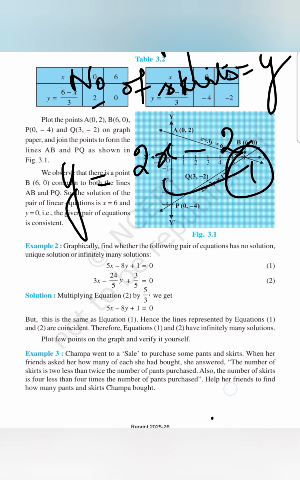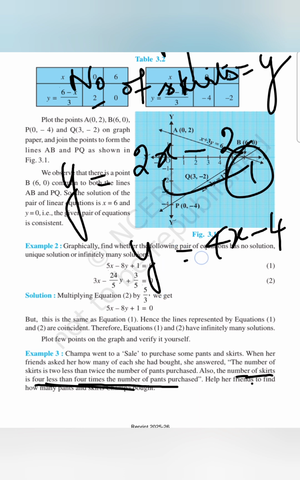For the second equation, the condition given here is the number of skirts is 4 less than 4 times the number of pants purchased. So 4 times the number of pants is 4x. 4 less than that, so minus 4. And that gives you the number of skirts.